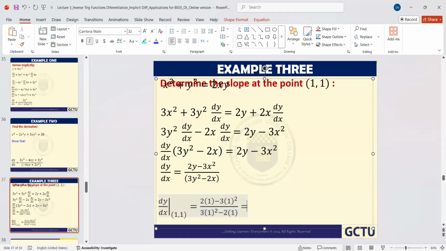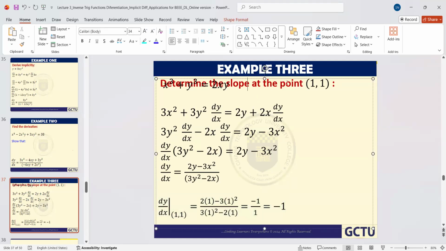So finally, the numerator will become 2 minus 3. That will give you negative 1. And then the denominator will give you 3 minus 2. That will give you 1. So my answer here should be equal to negative 1.